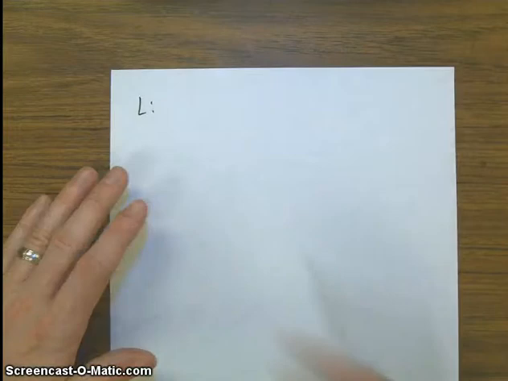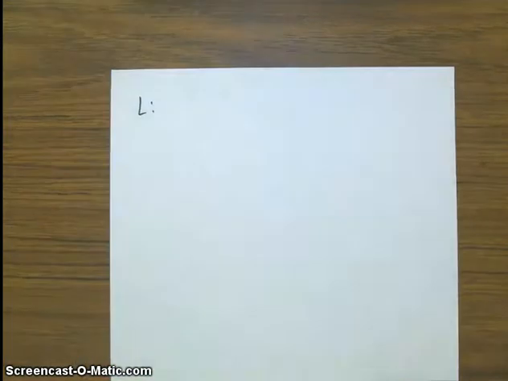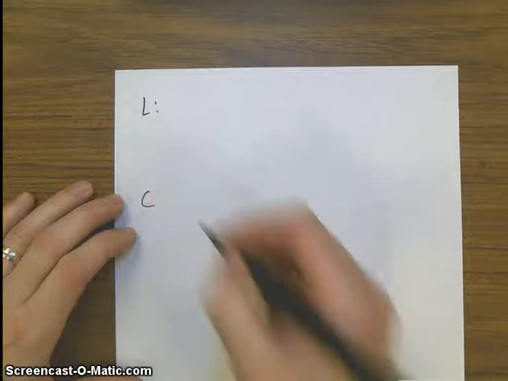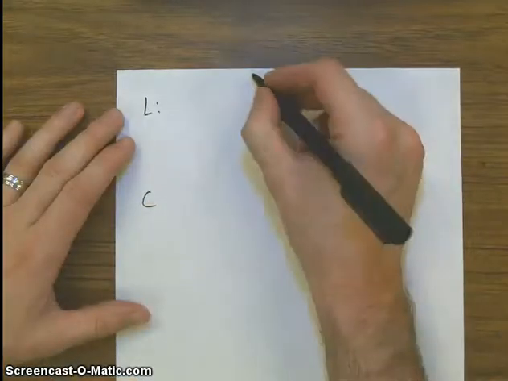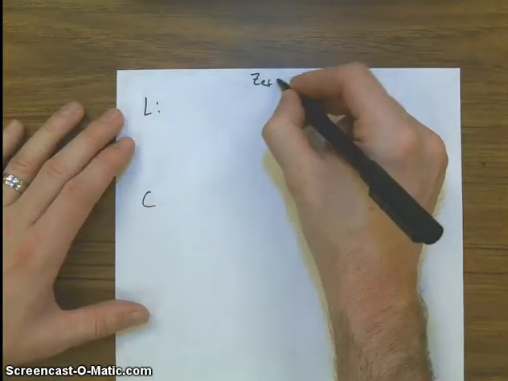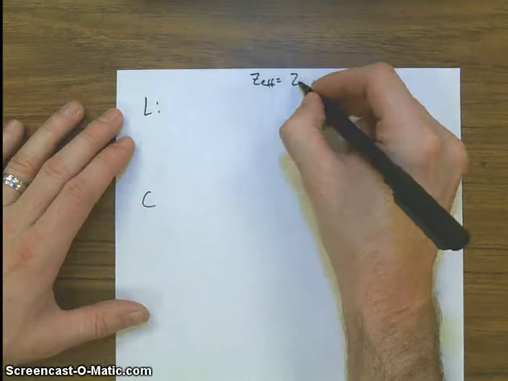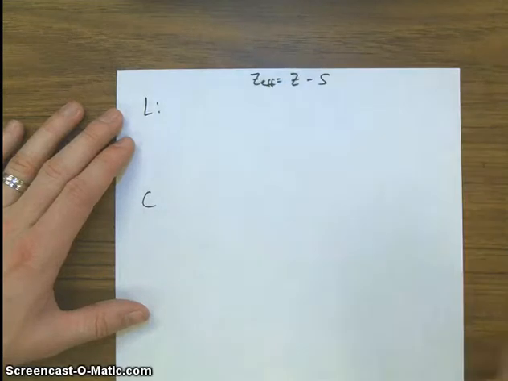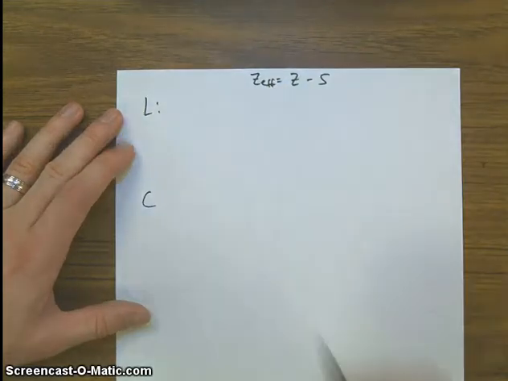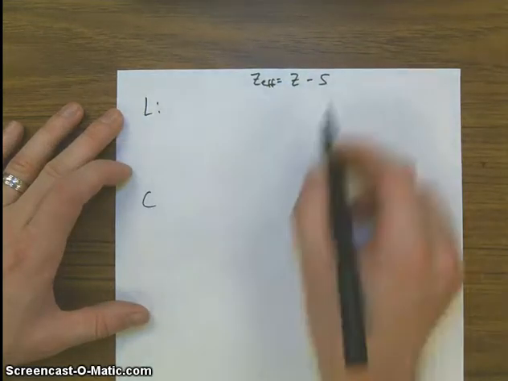So now what we're looking at is lithium, and we're going to compare lithium to another element, say carbon. And we're going to be comparing their effective nuclear charge. Let's not forget that effective nuclear charge is the protons minus the inner core electrons. So there are two pieces of information I need to know: the number of protons and the inner core electrons.